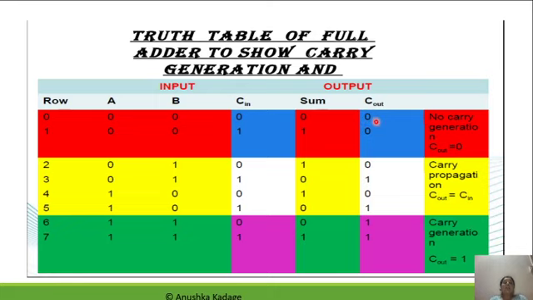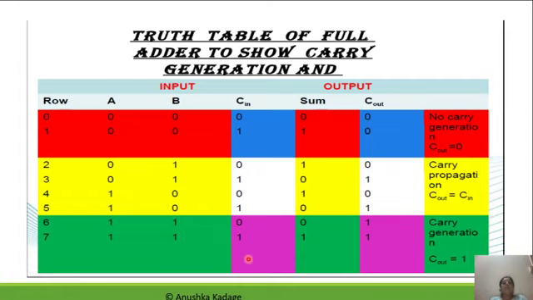That means in these two input combination situations, there will be no generation of the carry at the output side. While if we observe the second, third, fourth and fifth stages, in all these stages we can observe that the output carry which has been generated is similar to the input carry.